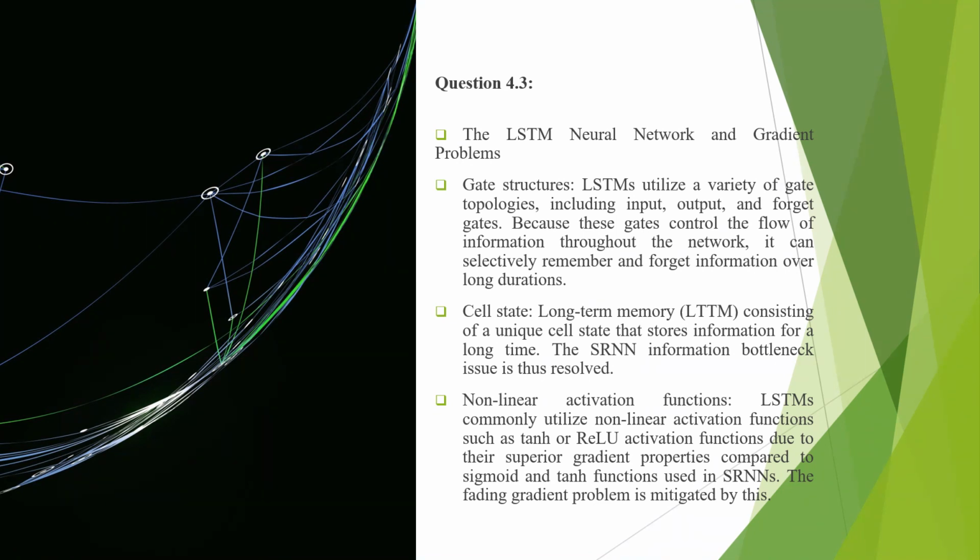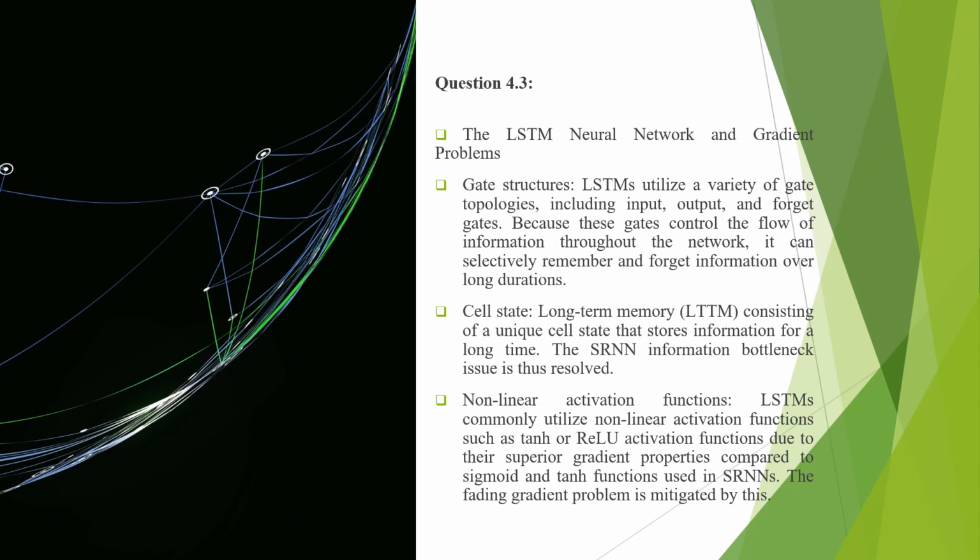Gate structure. LSTM utilizes a variety of gate topologies, including input, output, and forget gates. Because these gates control the flow of information throughout the network, it can selectively remember and forget information over long durations.